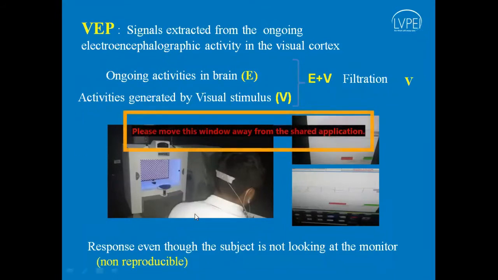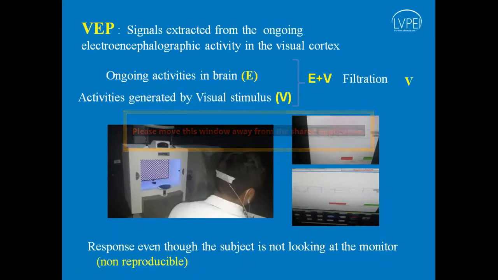So this is an example of what I said now. The electrodes are in place and the pattern stimulus is shown, but the subject is not looking at the stimulus, but still you get some response. So even though the subject is not looking at the monitor, you get some response in the VEP, and any response in the VEP doesn't imply that the visual system is functioning.